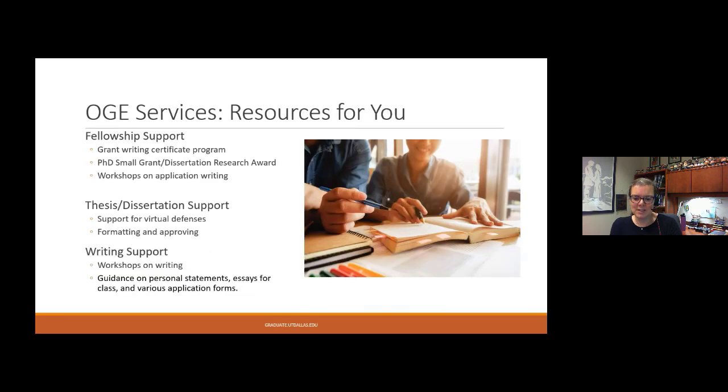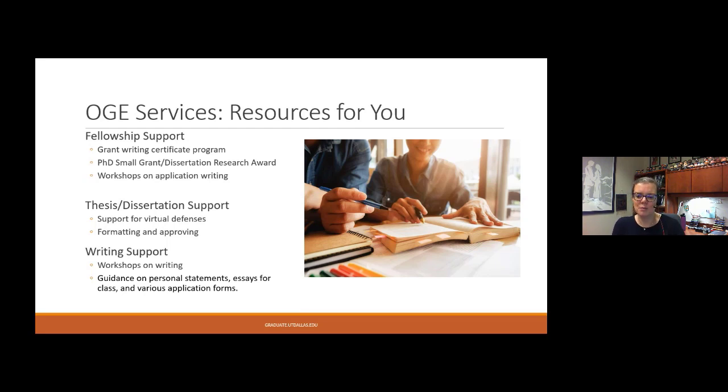All right, so here is a list of things we can do for you. I know what orientation can be like. It feels like drinking from a fire hose, getting so much information so quickly. So again, let me stress what I want you to walk away from is the Office of Graduate Education is here to help. If you have any questions, problems, or concerns, come see us and then take advantage of the stuff that we have in place that already exists.